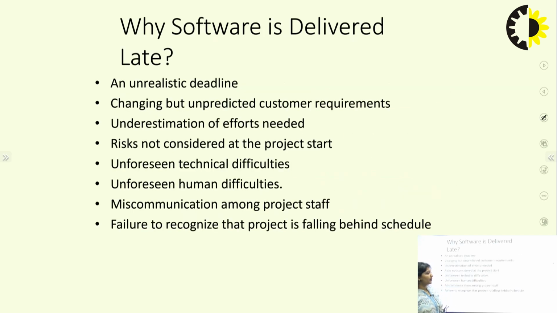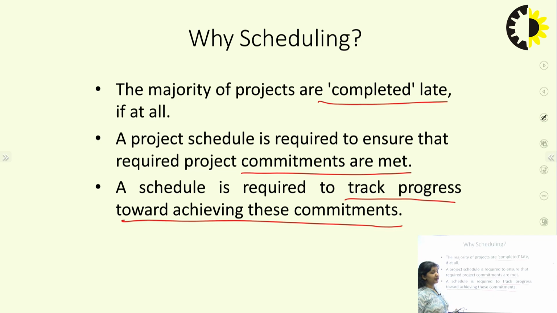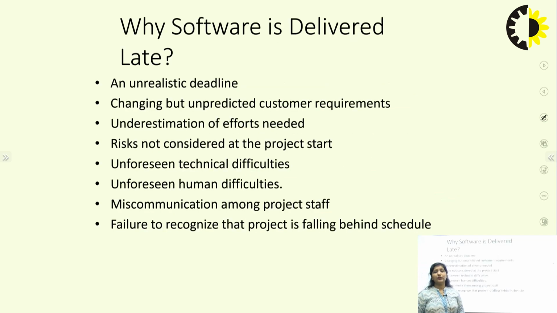Now, why is software delivered late? This is another important question. In the last slide I said that the projects are completed late. Now, the next question which arises is why? What are the reasons why the software has been delivered late? First and foremost, it is the unrealistic deadline. This is the major point while developing a project. When the deadline is decided, it is decided after analysis of the requirements.